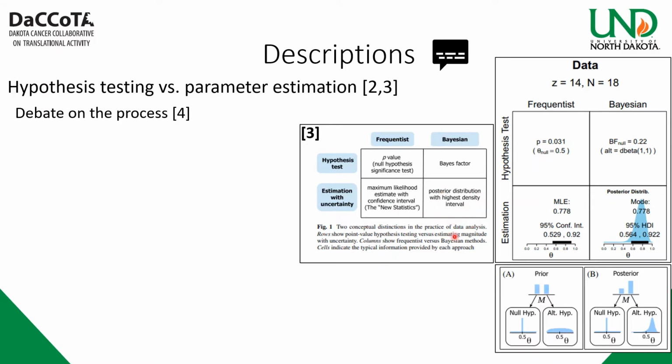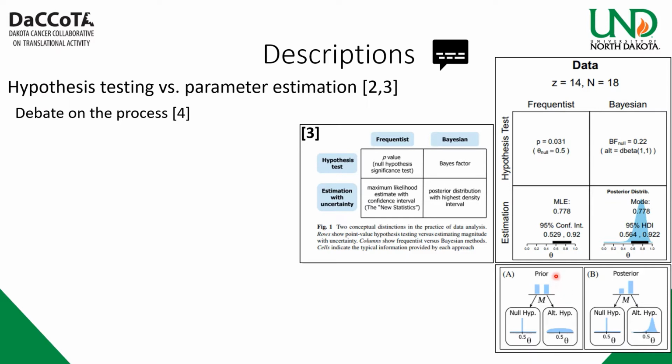So how this looks in practice, say you have data with 14 hits out of 18. Frequentist and Bayesian each give a single point estimate, so a p-value that's significant for frequentist, and a Bayes factor for Bayesian. We don't use significance the same way in Bayes, but this would be strong evidence against the null. But in the estimation, you give maximum likelihood, or a lot of times the mode for Bayesian, and then the interval, so highest density interval or confidence interval.